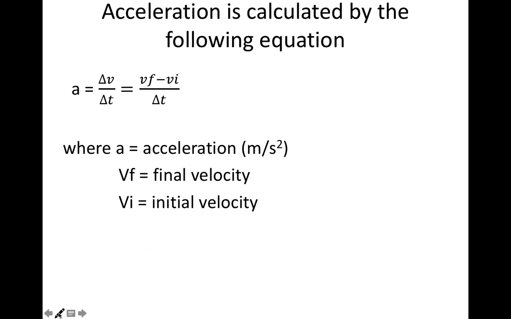So this unit of meters per second squared is change in speed over time. Change in speed is measured in meters per second, divided by time, which is measured in seconds, equals meters per second over seconds, which equals meters per second squared.